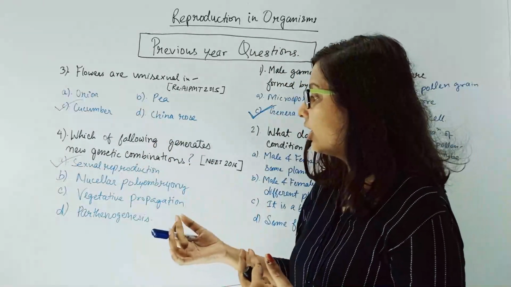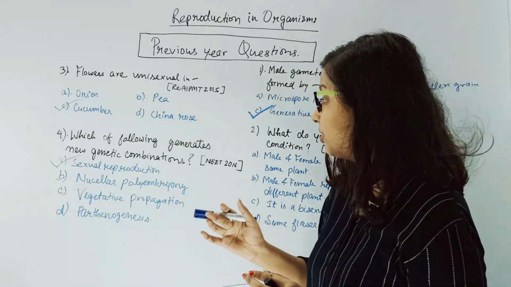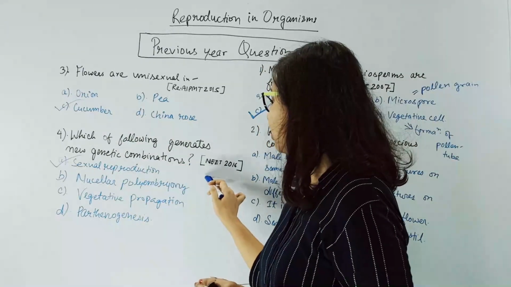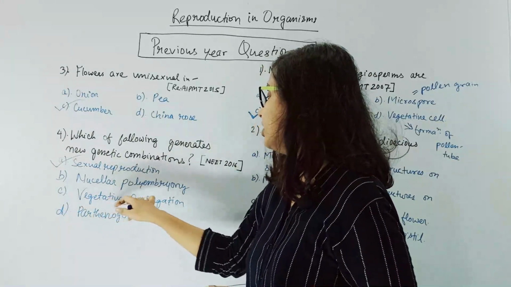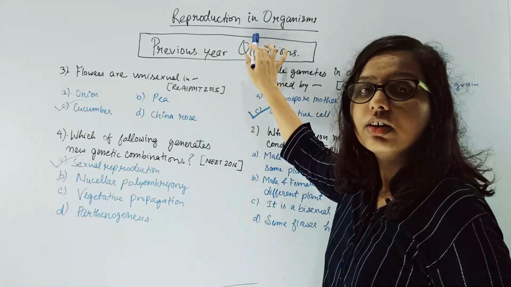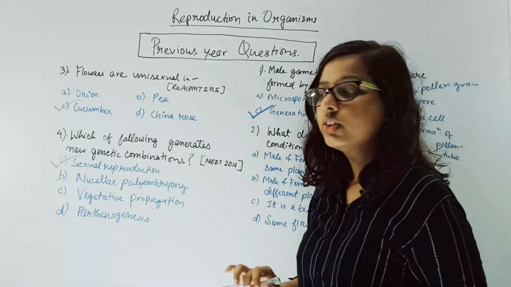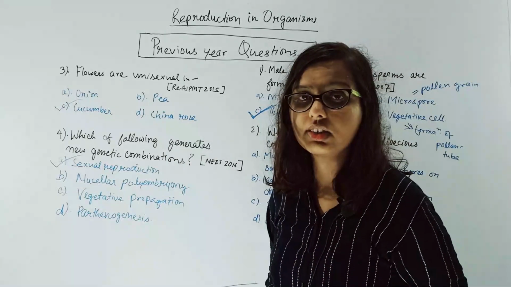You will understand this later in the second chapter, so you need not worry about nucellar polyembryony. Let us come to the third option, vegetative propagation. Vegetative propagation I have discussed in reproduction in organisms. Vegetative propagation is a type of asexual reproduction.